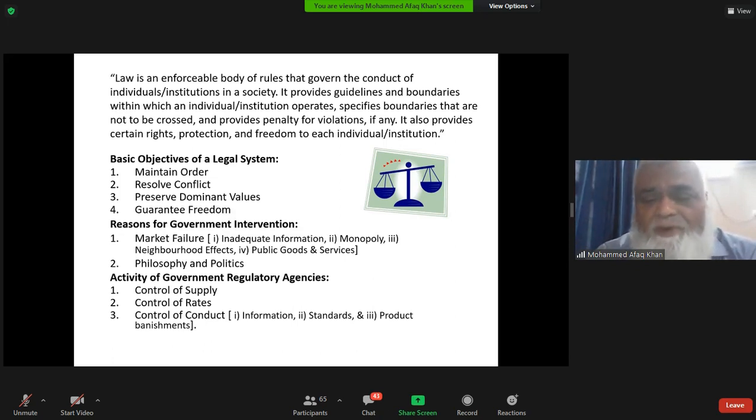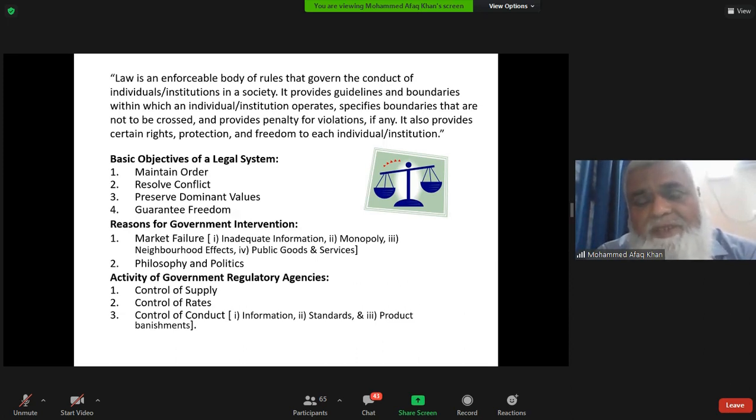So complete information has to be provided by the companies to the consumers, and if there is inadequate information, that would violate the rights of the consumers, because they would not be able to assess the quality standards of those products or services.